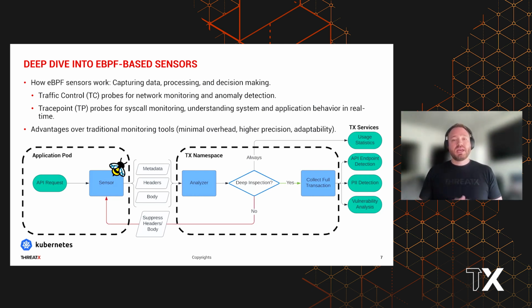And ultimately what that does is allow the sensors to live right next to that app in a non-impactful way, where it wouldn't prevent any performance issues, and give that analyzer still that full capability to see all the ingress and egress data coming off the sensor, be able to understand what's happening and bubble the right events up that ultimately a security analyst or end user needs to know about.